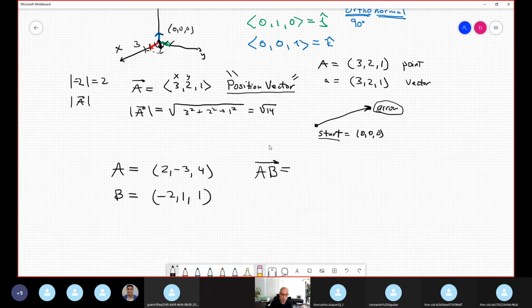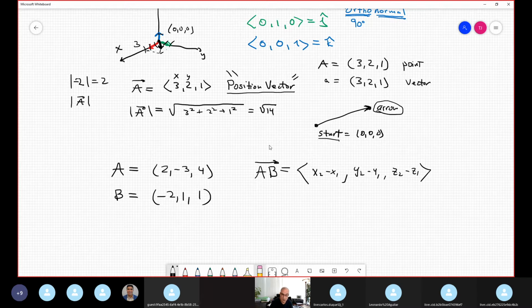So it's easy. You're subtracting because of the distance. Subtracting what? x2 minus x1, comma, y2 minus y1, comma, z2 minus z1.